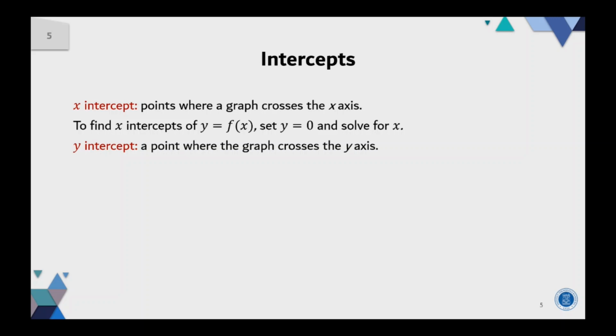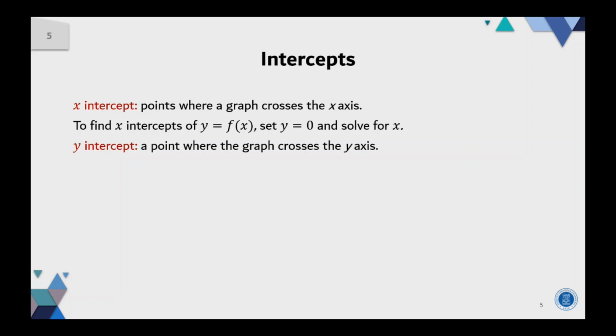Okay, so what does it mean, x-intercepts? Those are the points where a graph crosses the x-axis. Yeah, so that's why it's called the x-intercept, because they are intercepting the x-axis. Okay, how to find x-intercepts? We set y equal to 0. Why is it y equal to 0? Of course, because when a point intercepts the x-axis, the value of y will be 0. So we set y equal to 0 and solve for x.